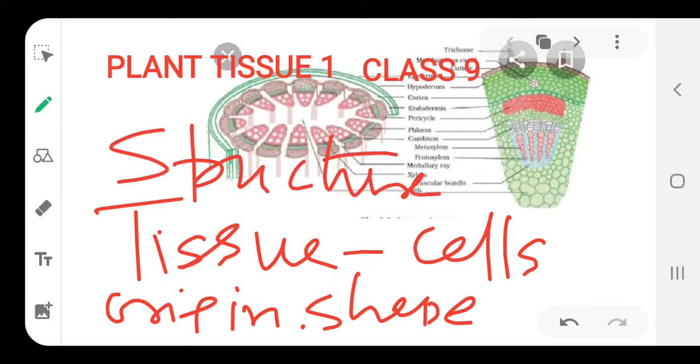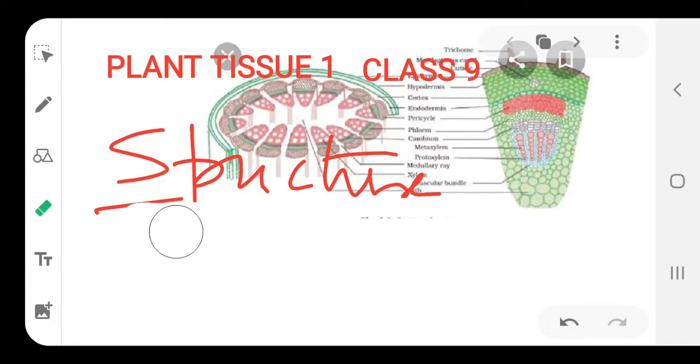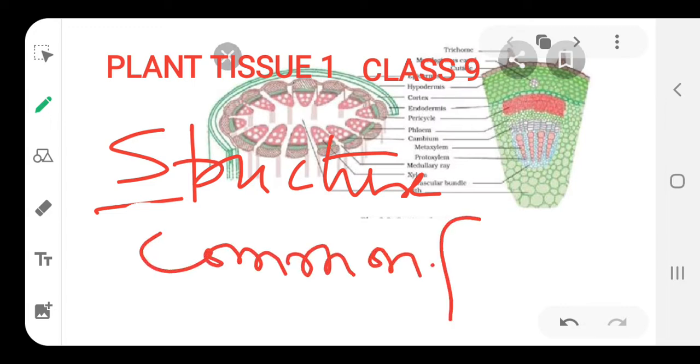These are groups of cells which are similar in origin, shape and structure, and they all work together to perform a common function.